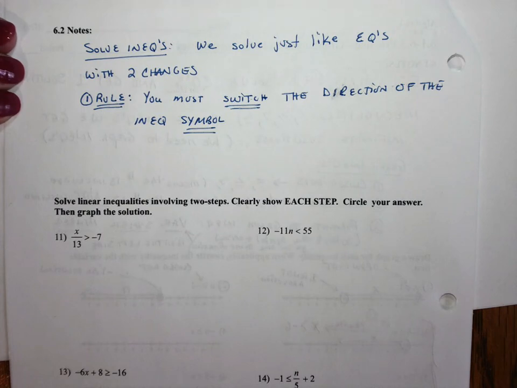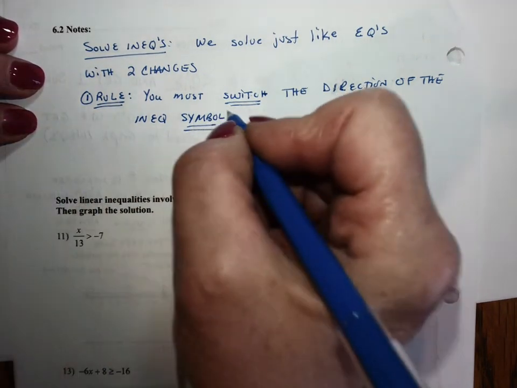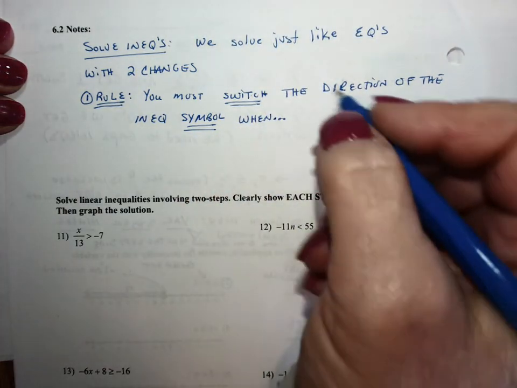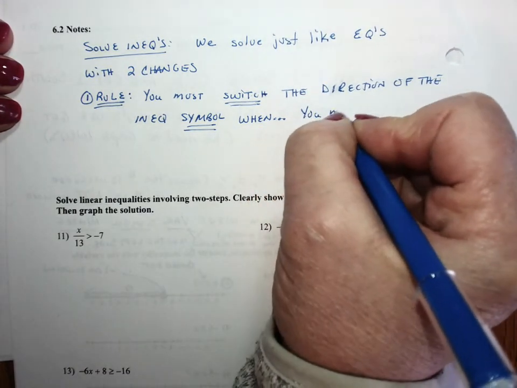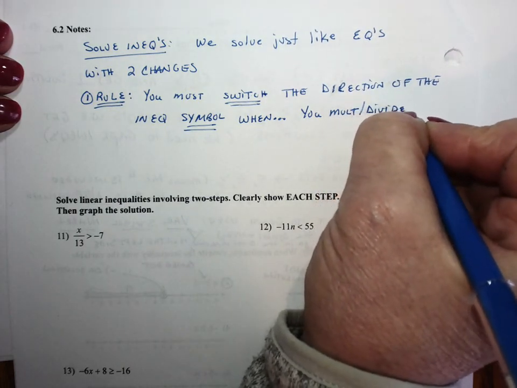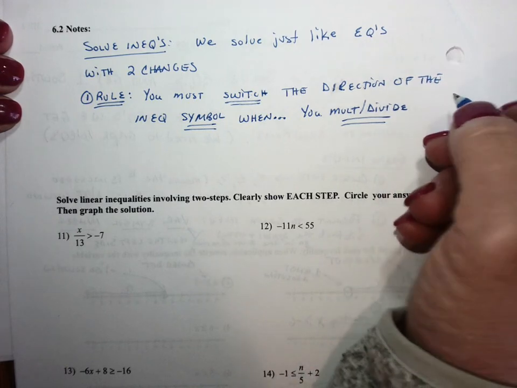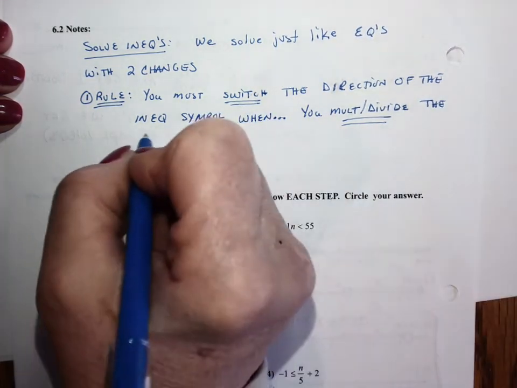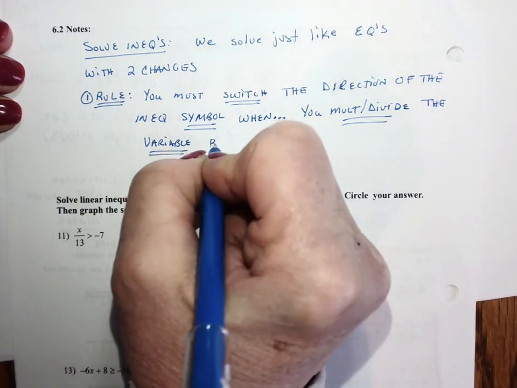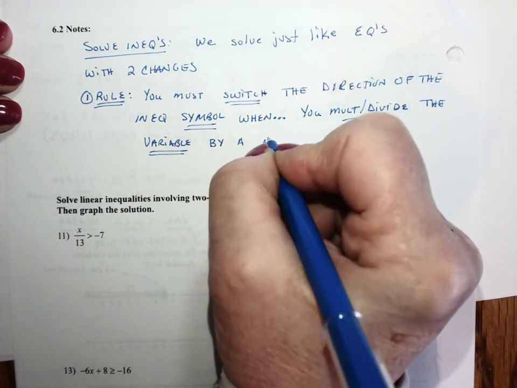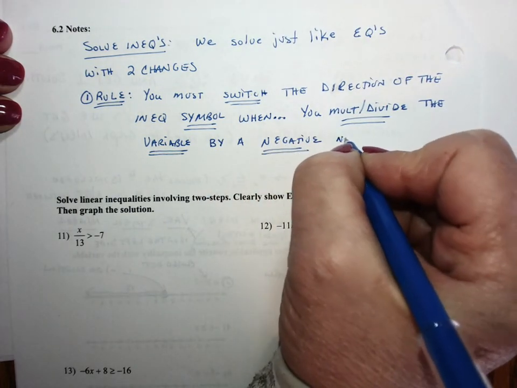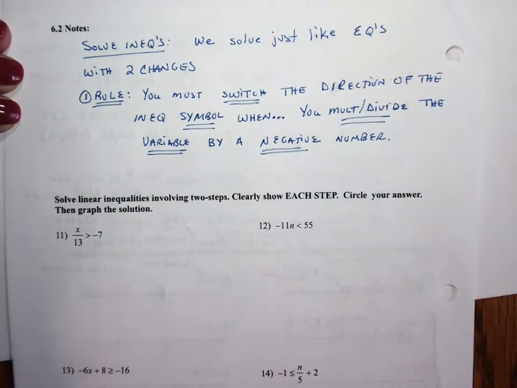You're going to switch the direction of the inequality symbol when the following is true: you multiply or divide the variable by a negative number.